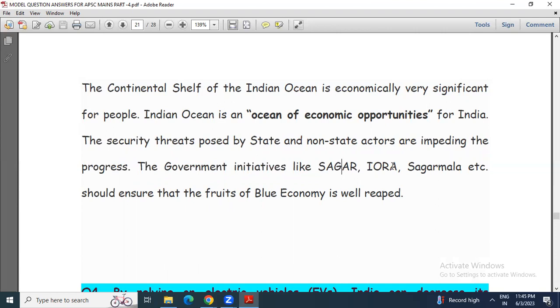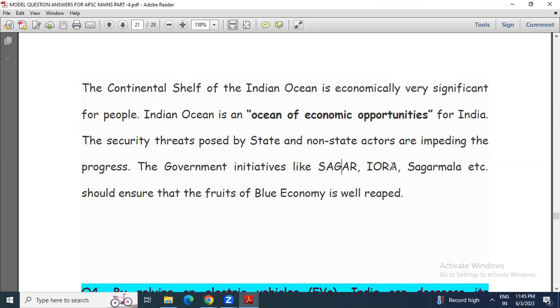So overall, India can take the leadership over these regions with its security potential, because India is the country where we can see a good strength of naval security that can be employed for the security of the Indian Ocean region.